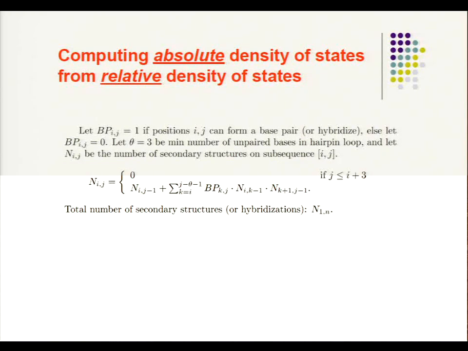The output of the Wang Landau algorithm on RNA is a relative density of states. We actually need the absolute density of states because we want to compute the partition function. In the case of RNA, even with pseudoknots, this is possible.